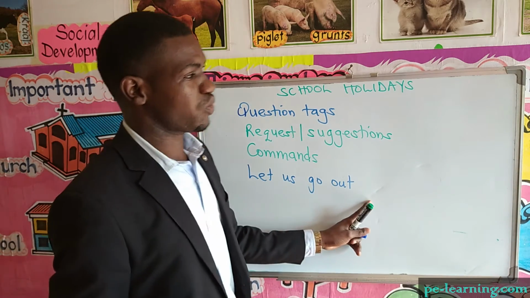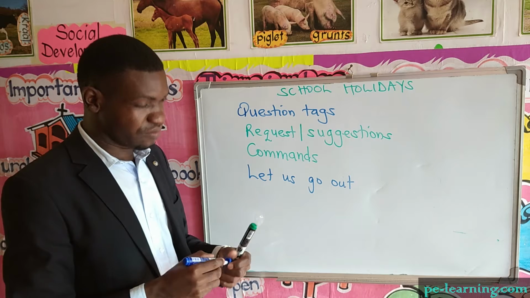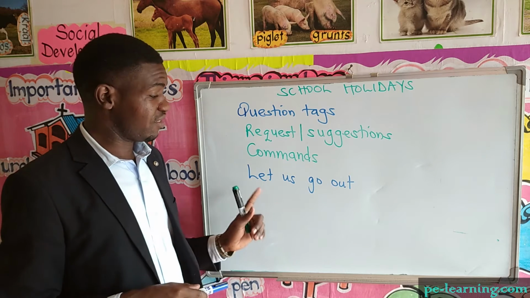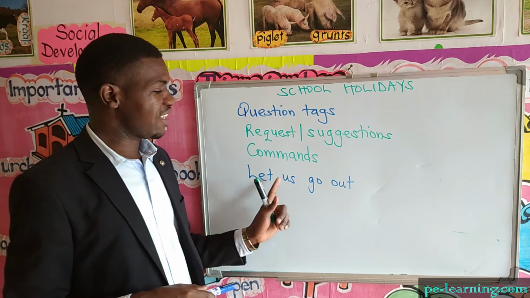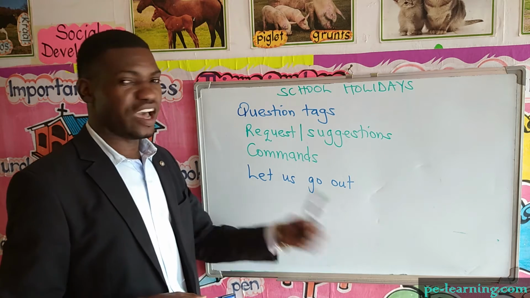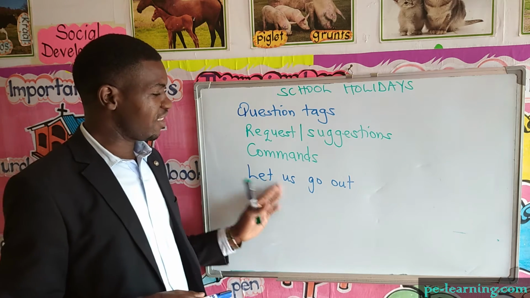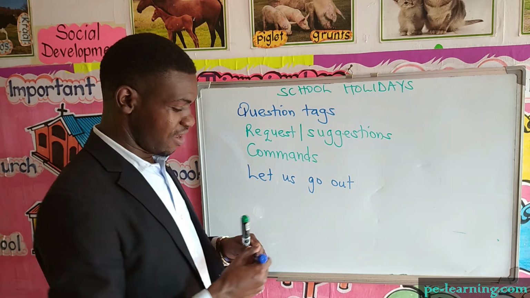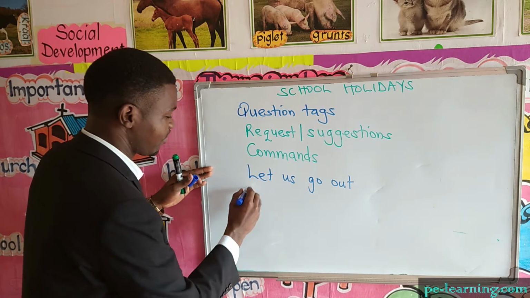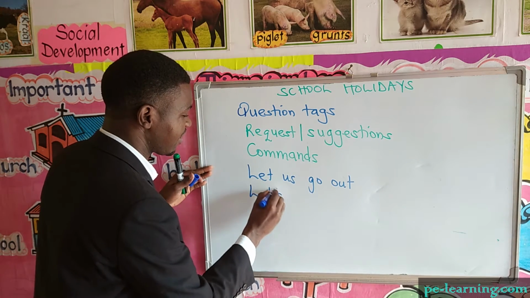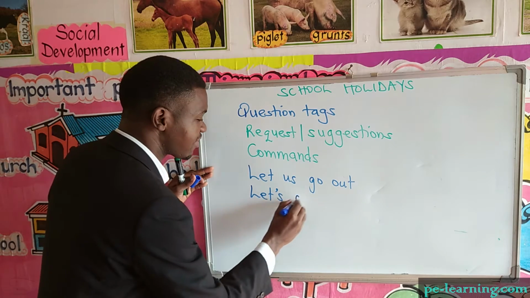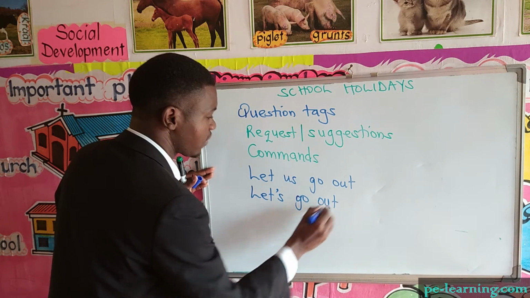Let us go out. We are at school, in a room, possibly a classroom, and then one says, let us go out. I may be the teacher suggesting, let us go out. And then, still, instead of saying let us, I would say, let's go out.